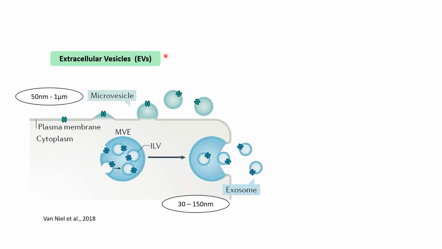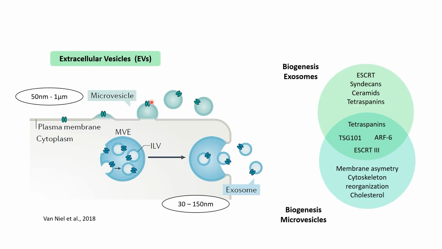You also are aware that there are different kinds of extracellular vesicles, mostly two sorts: the ones that emerge from the endosomal compartments that are usually named exosomes, and those that bud directly from the plasma membrane that are usually coined as microvesicles.